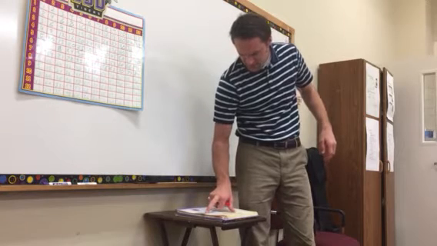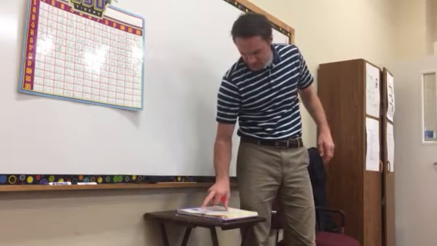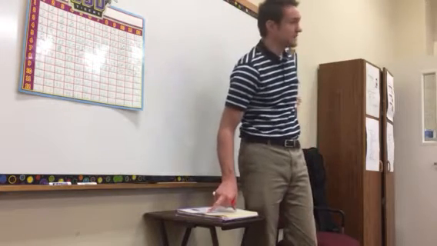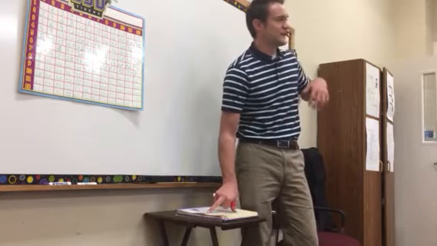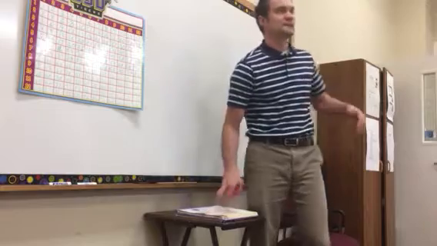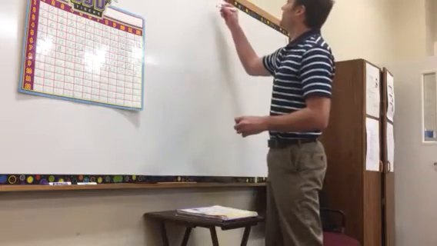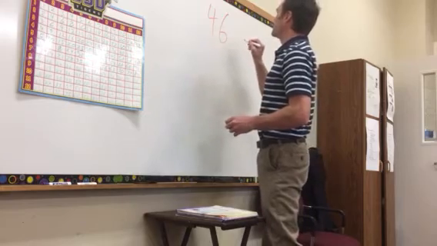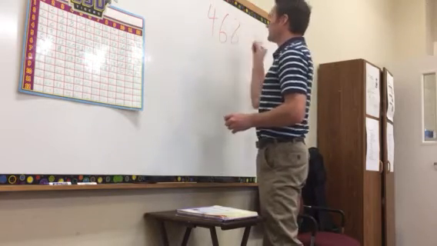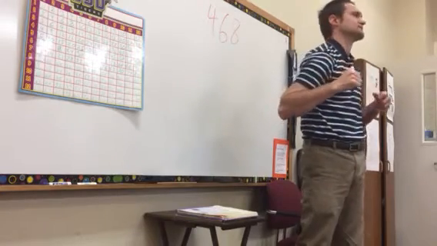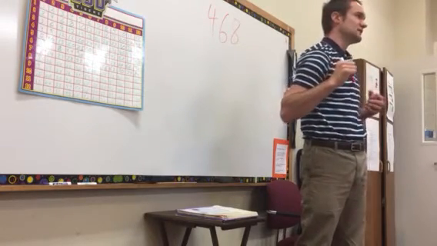It says the sum of the digits must be divisible by 9. This is just like 3, except we have to be able to divide the number by 9. So instead of 462, let's say 468. Do you think this is divisible by 9? Who says yes? Who says no?